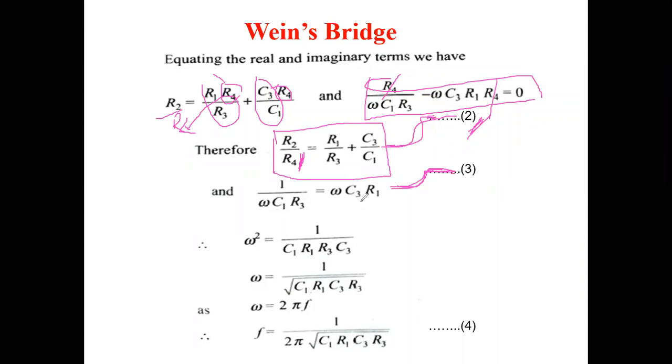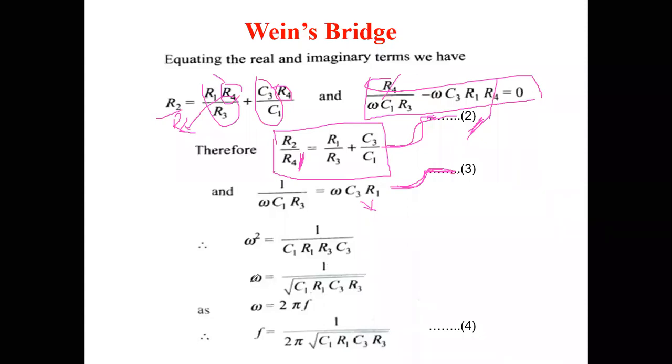This equation 3 can be further reduced to omega square is equal to 1 by C1 R1 R3 C3. Taking square root on both sides, omega is equal to 1 by root C1 R1 R3 C3.